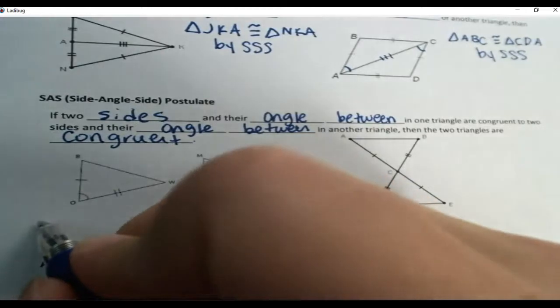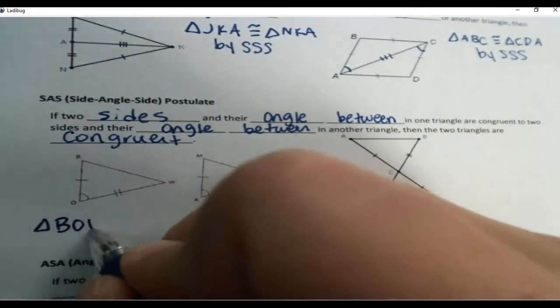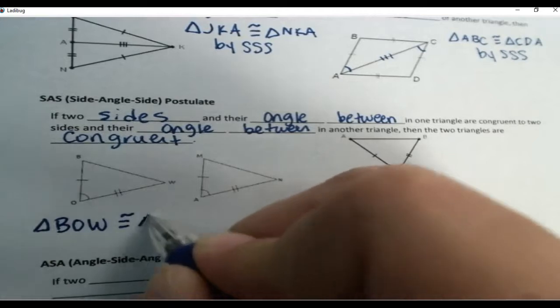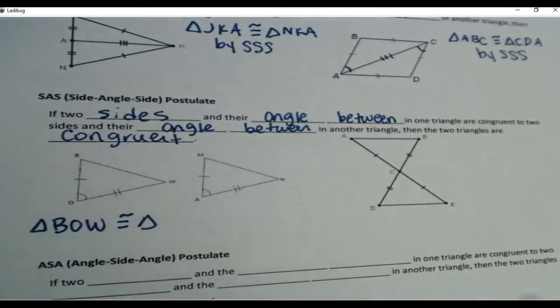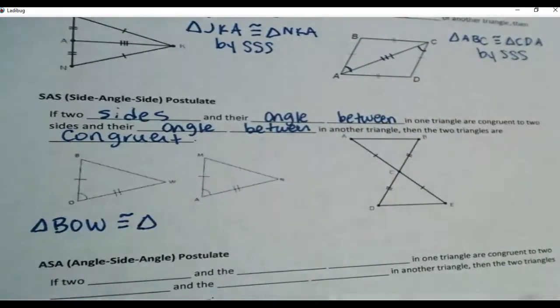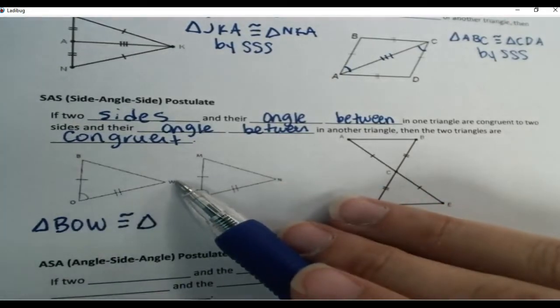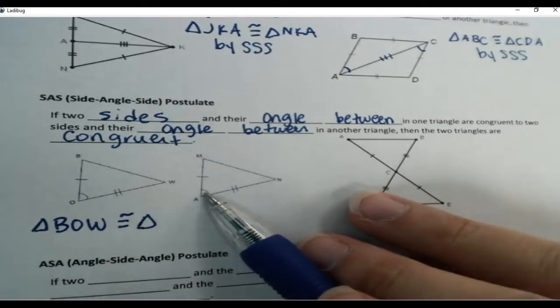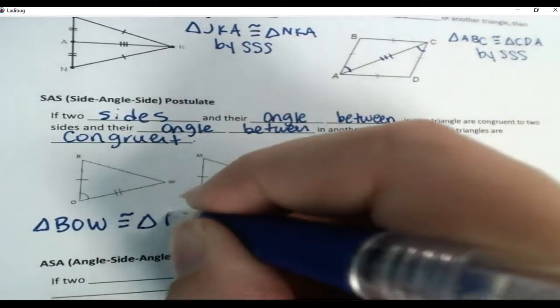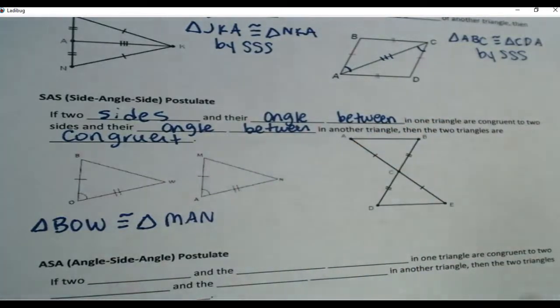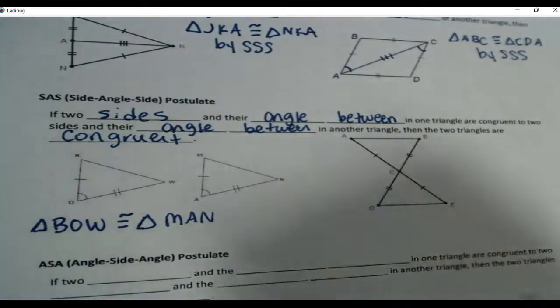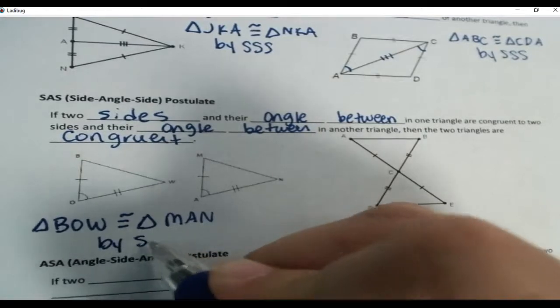So we've got triangle BOW is congruent to triangle. So if I go BOW, on this side I need to go MAN. And again we can say by side, angle, side.